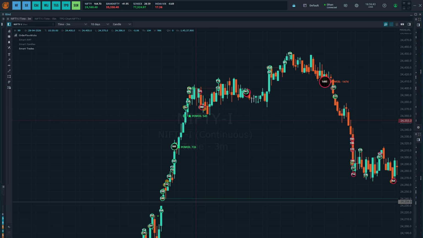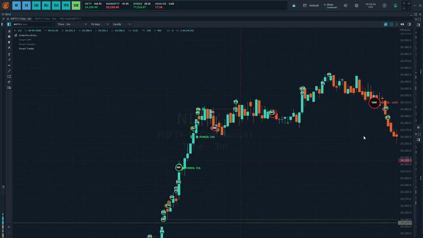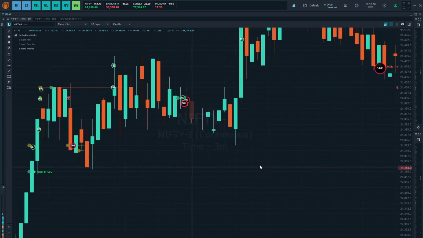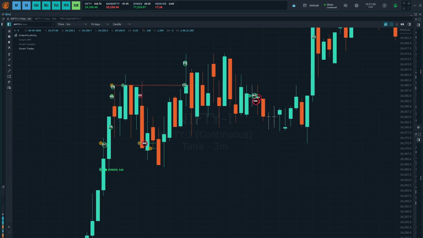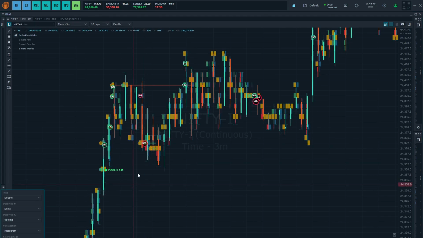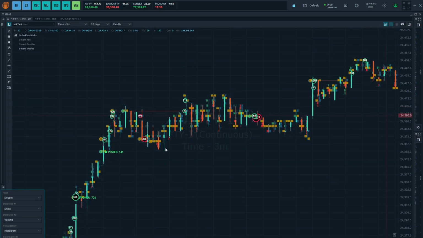Everyone knows that once we have one direction of buying, the market will always try to do consolidation. So this is the consolidation phase where we can see there is one attempt of selling as well. If you see here, there is a 360. Let us turn on the cluster so we can easily view it. So we have a selling attempt of 368, but that selling attempt has been protected by a big buyer here.